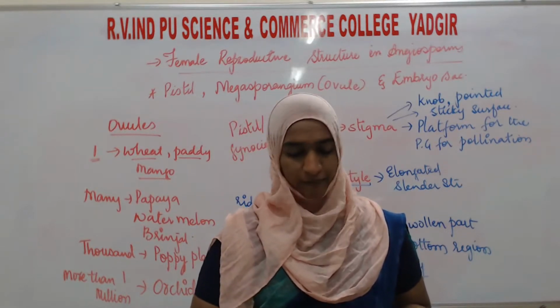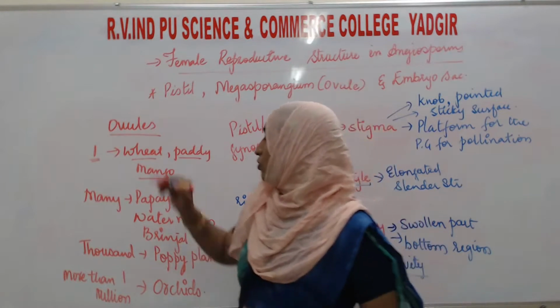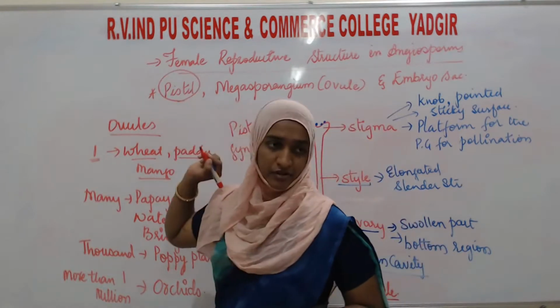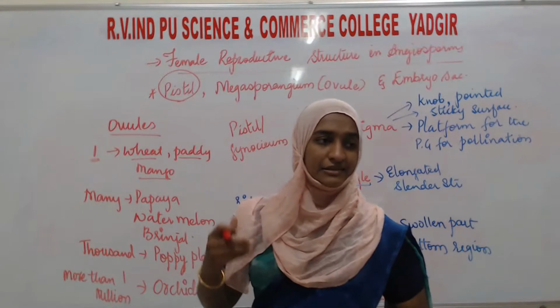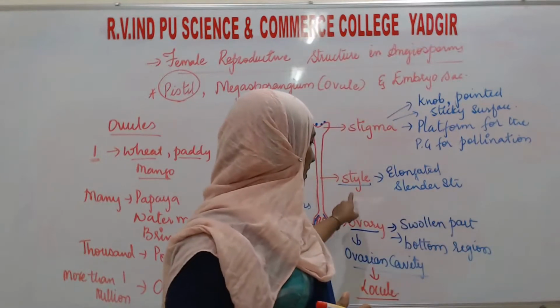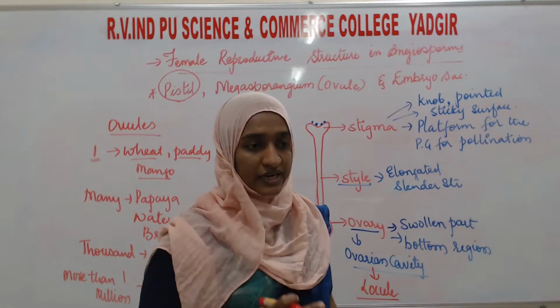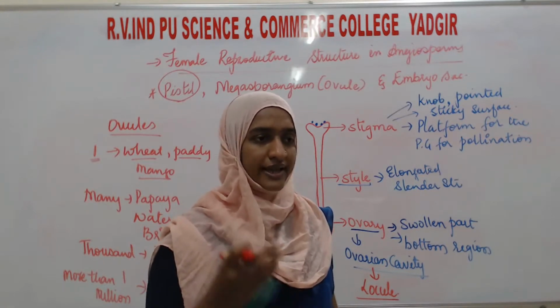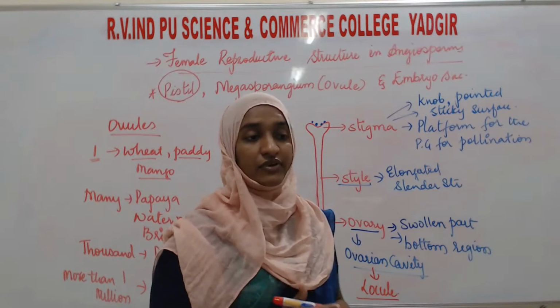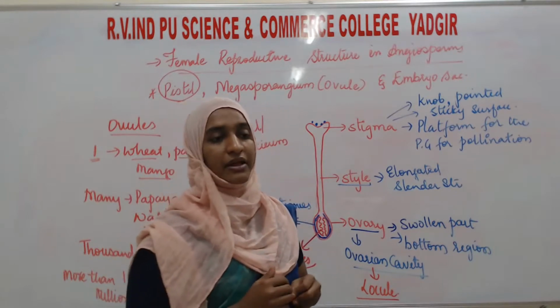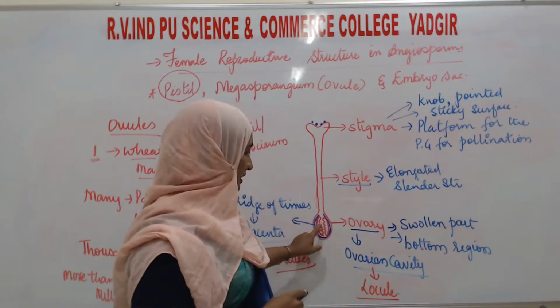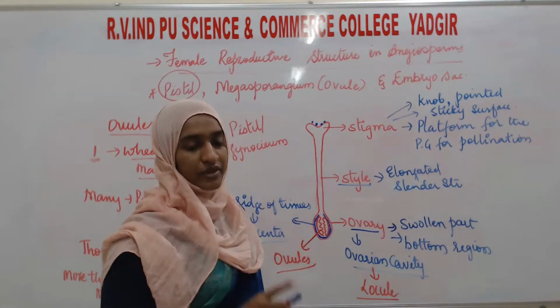In that, we had studied only about the pistil. The pistil has 3 regions: the stigma, style, and ovary. Inside the ovary, there is a cavity known as the locule. Inside that locule, there is a ridge of tissues, the placenta, and inside that there will be ovules.